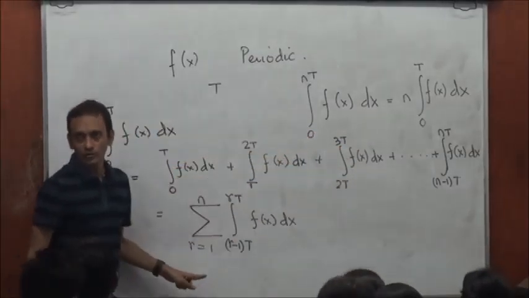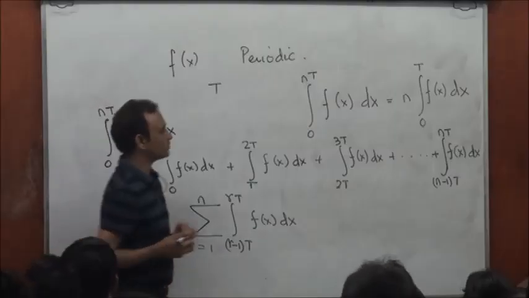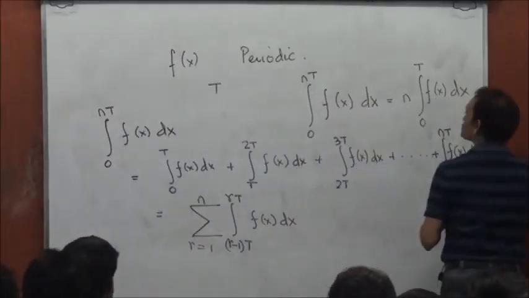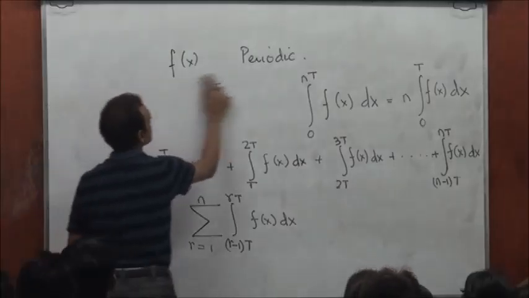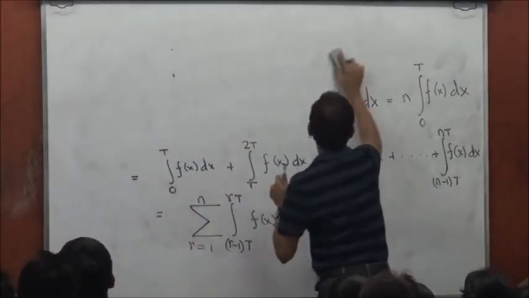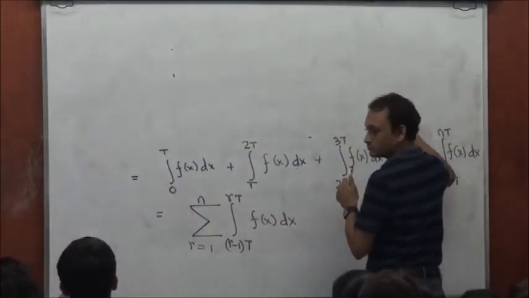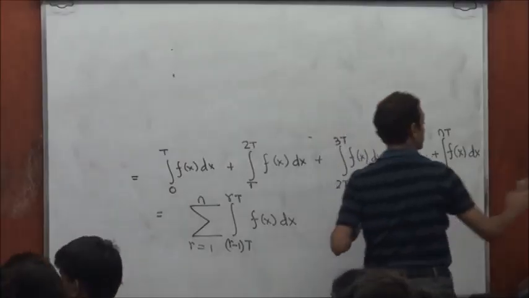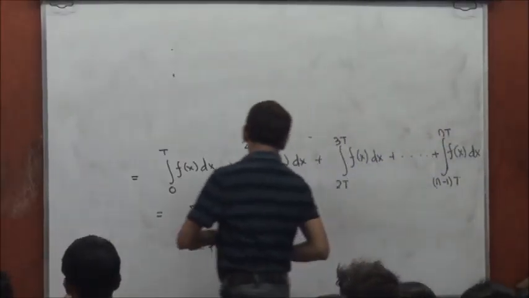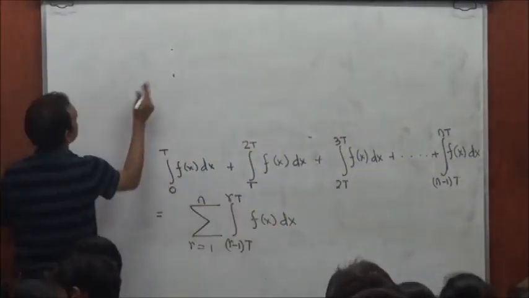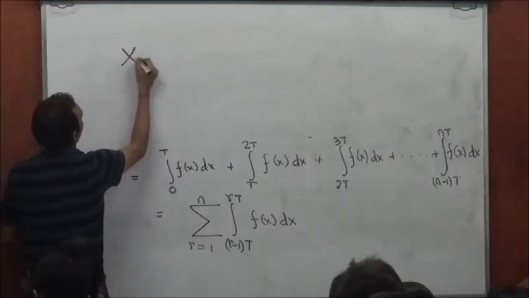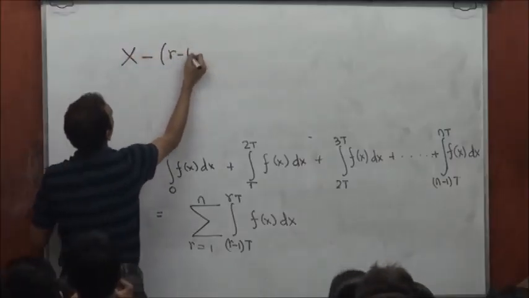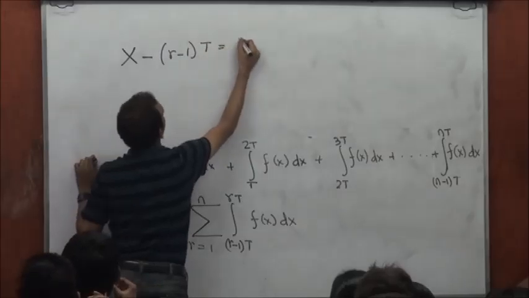Yes or no? Right? Now, I attempt to produce a transformation here. The transformation is, in this integral, I say x minus (r minus 1) times T is some z.